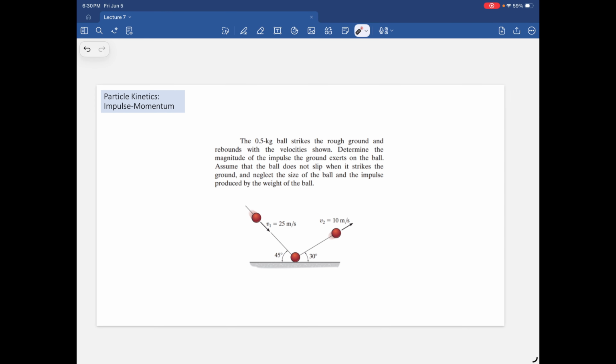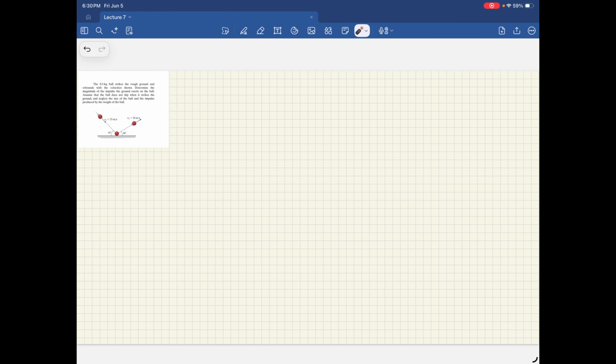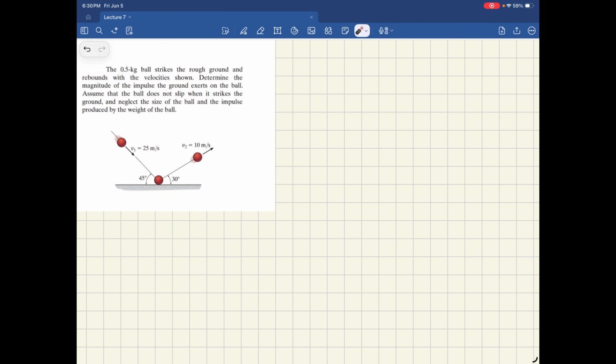Okay? So let's take a look at how we are going to approach this problem. We're going to recognize that we have vector equations here. So we will say my initial momentum, m times v1, will equal 0.5 kilograms, that's the mass of the ball, and we need to impose our xy coordinate system on.